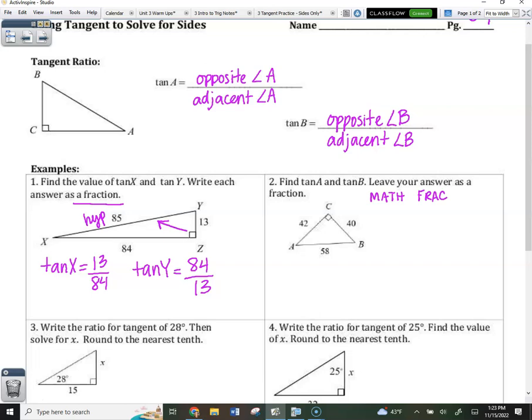Okay, so math frac. Questions 2 and 3 on your paper are switched. So if you go to question 3 right now, try it. You need to write tan of A and tan of B, and it needs to be reduced.